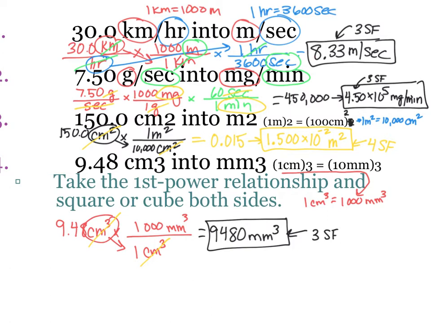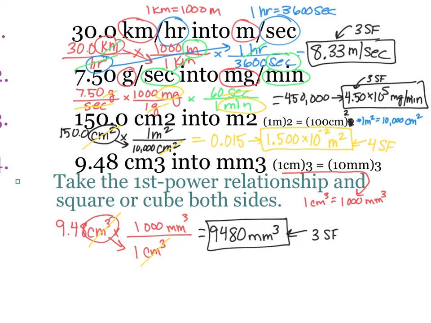For the next one, similar, I have units of mass and units of time. So I take 7.50 grams over seconds, and I'm multiplying it by my conversion factors. So 1 gram is the same thing as 1,000 milligrams. And then seconds is in my denominator, so I need a seconds in my numerator so they can cancel out.